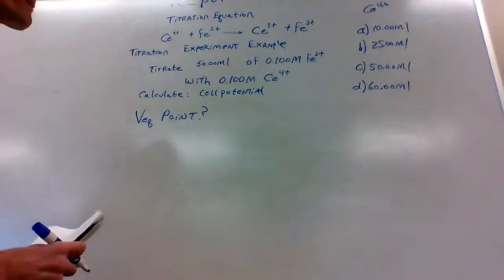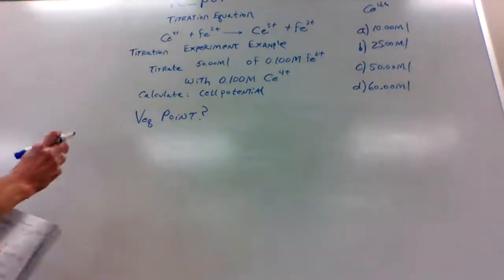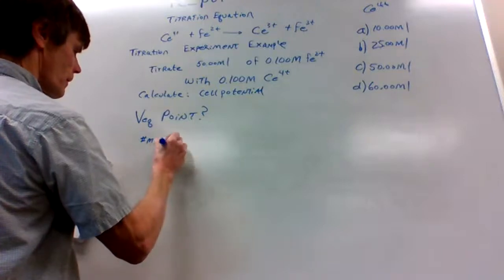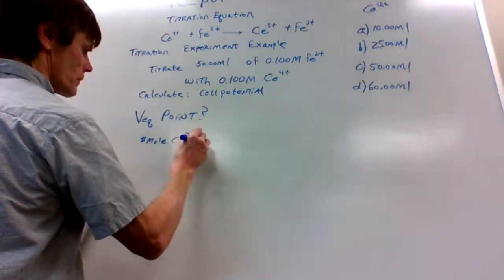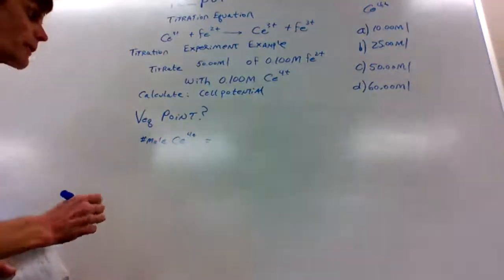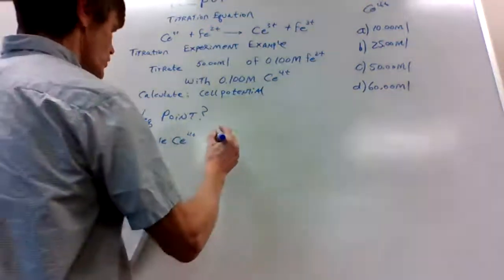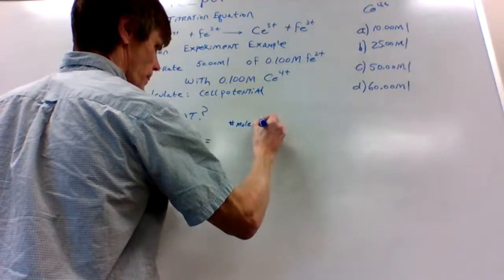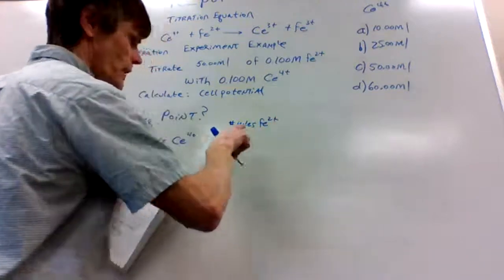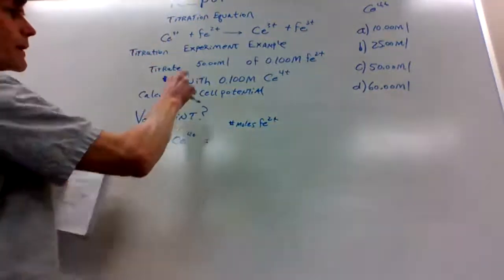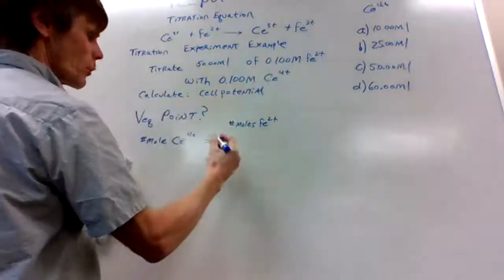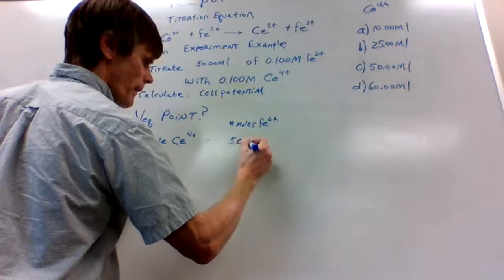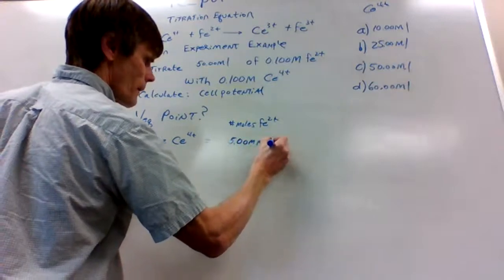Remember, the equivalence point, in this case, it's a 1-to-1 reaction. So it's when the number of moles of ceric 4 is equal to the number of moles of iron 2 we originally have. We can figure this out. We have 50 milliliters of a 0.1 molar. That's 5 millimole.